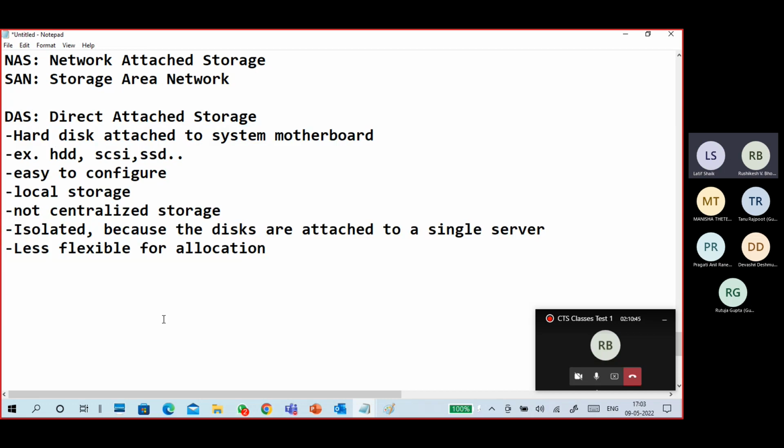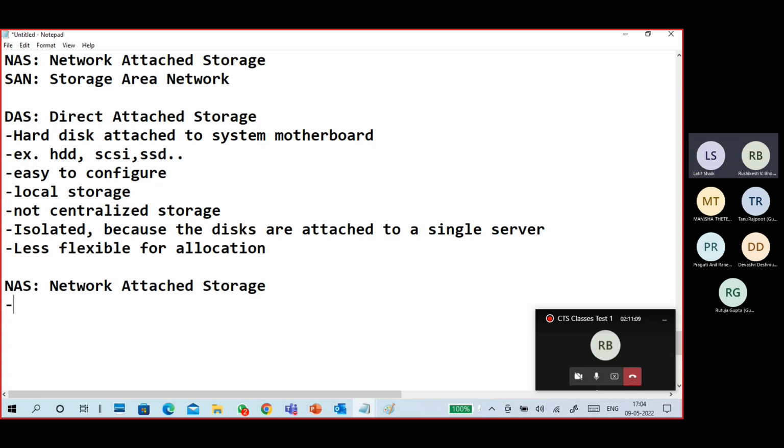What is DAS? Direct attached storage. Your disk is attached to your server motherboard directly. It is a local storage, not a centralized storage. That is the first important one. Next one is NAS. What is NAS? Network attached storage.